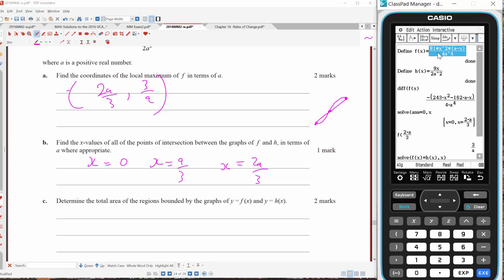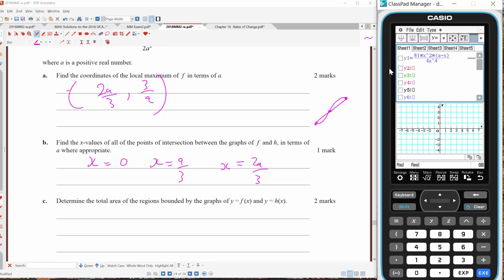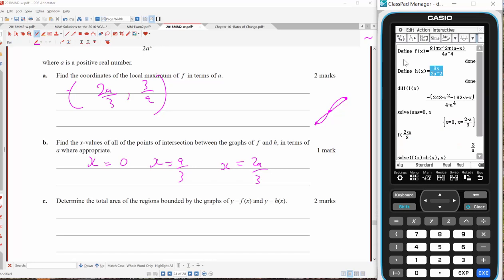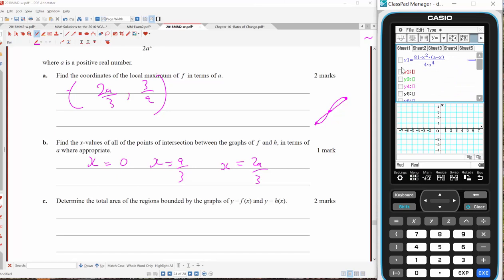Here's my first definition, copy, and there. Second one, grab that. a is equal to 1.5. So that's what happens when a is equal to 1.5.